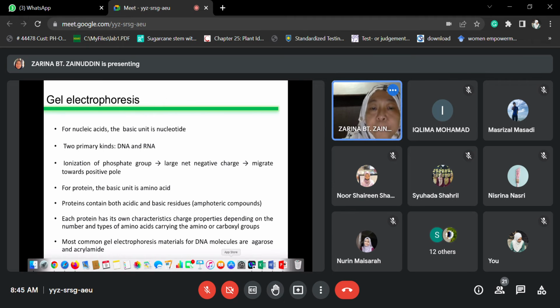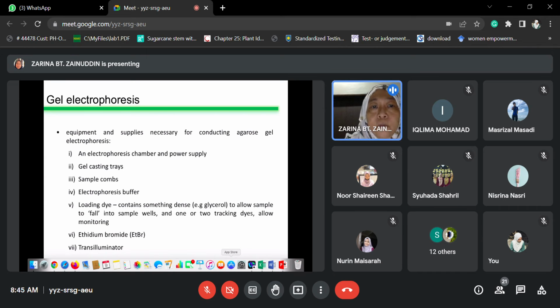Okay, so for DNA molecules, normally we run gel electrophoresis with agarose and acrylamide. When you want to conduct electrophoresis, these are the equipment we need. You have seen previously the electrophoresis chamber. We need a power supply, power pack, and we need the tray where we cast our gel.